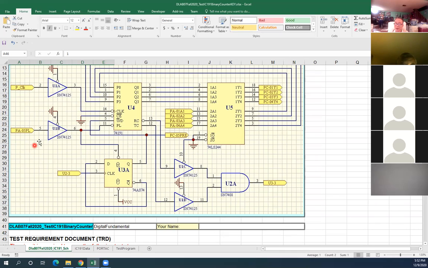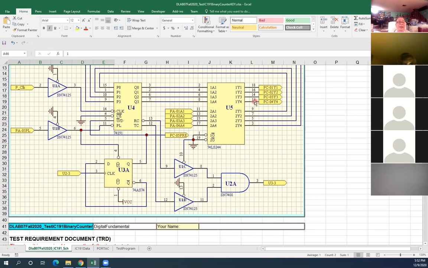So basically you apply the load in here, 0 here, you apply pins A1, A2, A3, A4 for P0, P1, P2, P3 to look like number A. Okay, that means 1, 0, 1, 0. So when you load, it goes here, and you go to read input C.